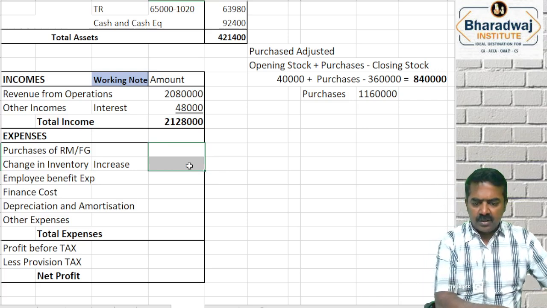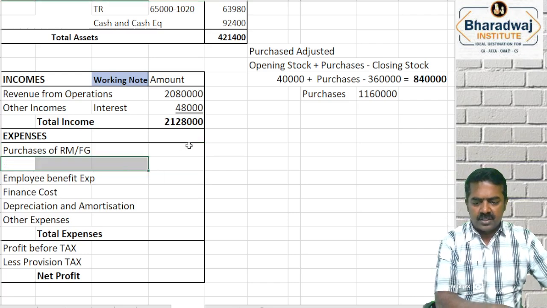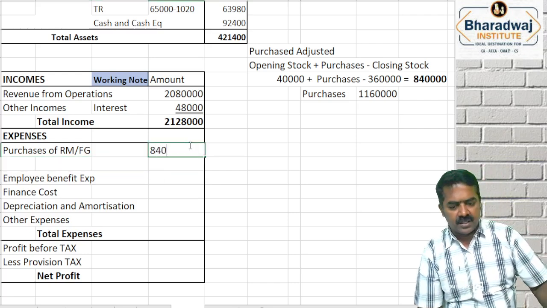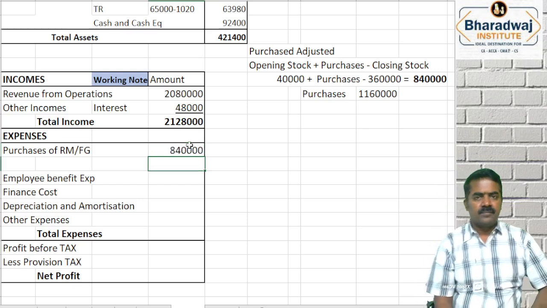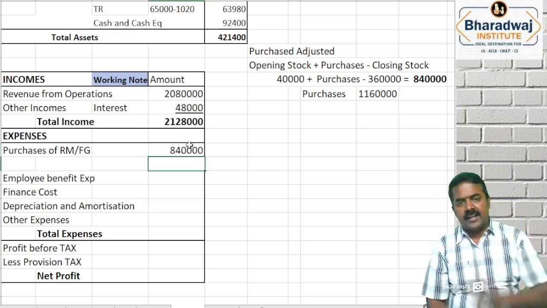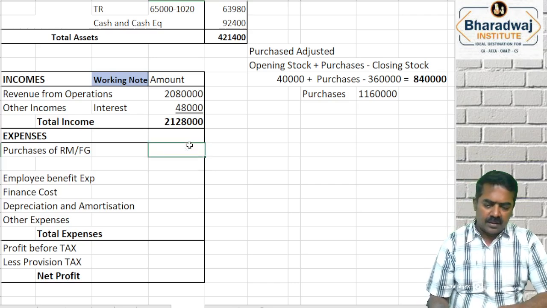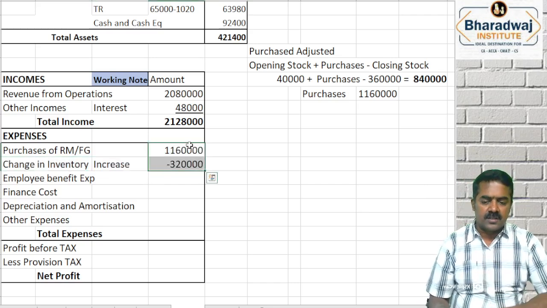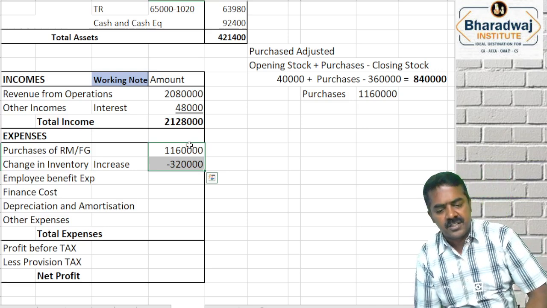8,40,000. So instead of putting these two, if adjusted purchase is given directly, ignore the change in inventory because it has already been adjusted. Option 1, you can directly take 8,40,000. Option 2, you work out the gross purchases, then record the change in inventory.